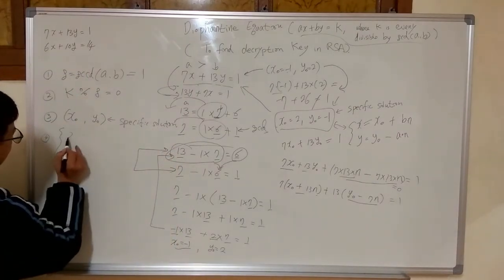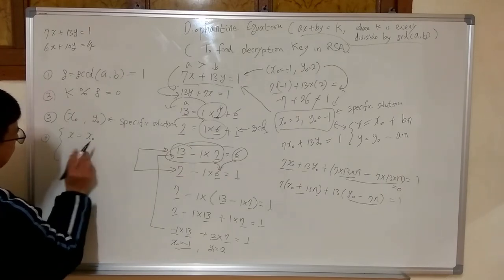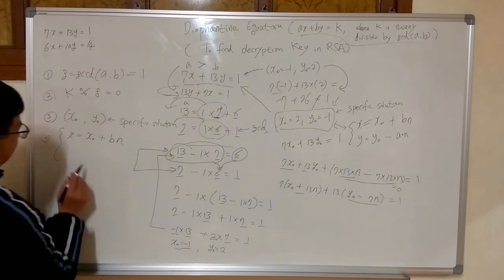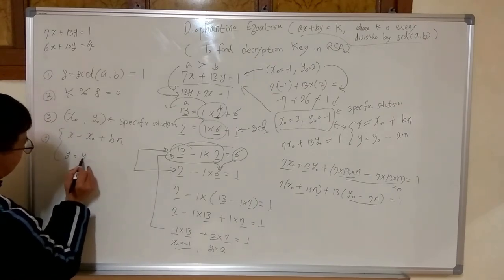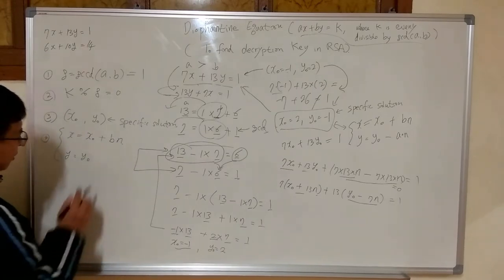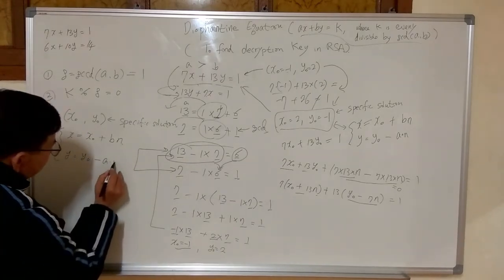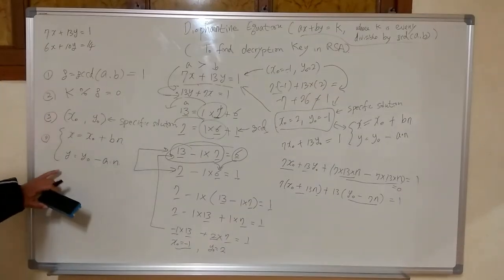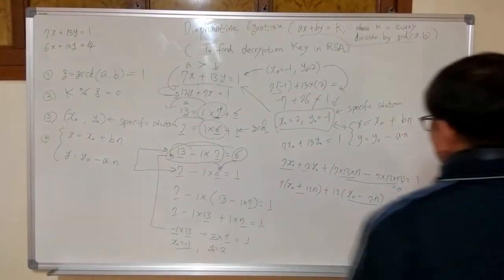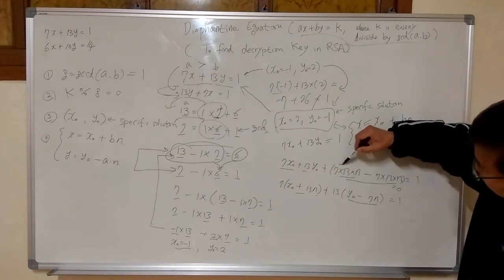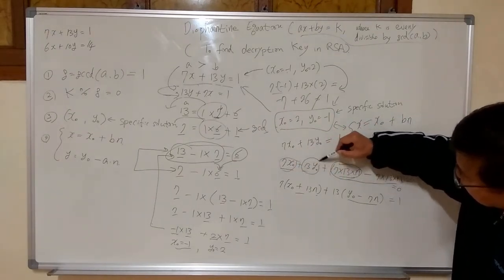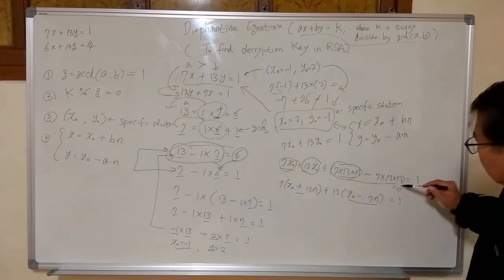General solution: x equals x0 plus bn, y equals y0 minus an, like this. This is temporary. We will fix it later. Please note that I bound this term with x and this term with y.